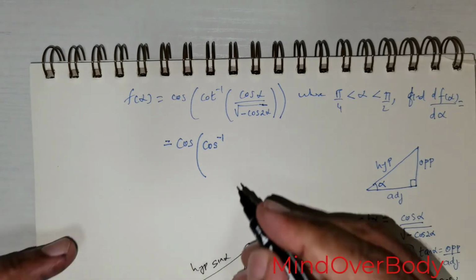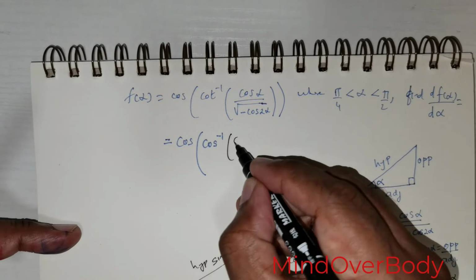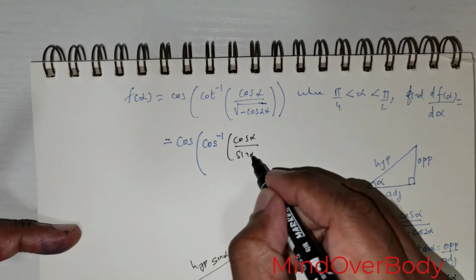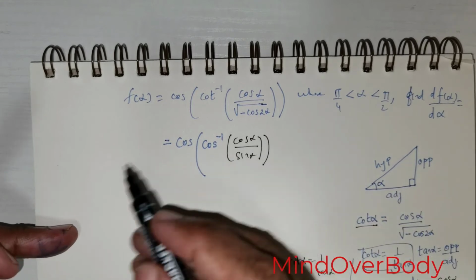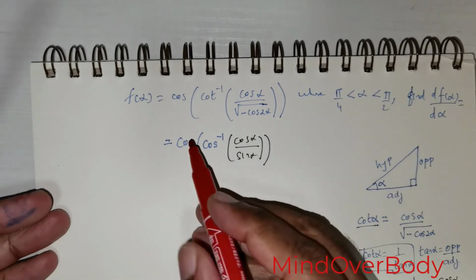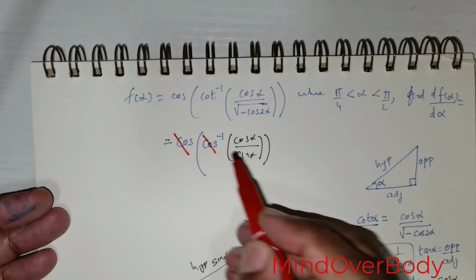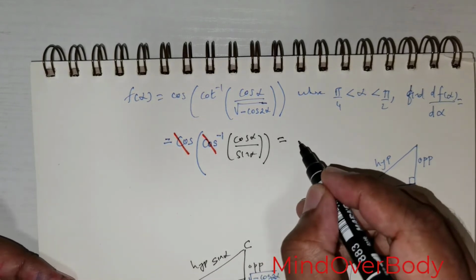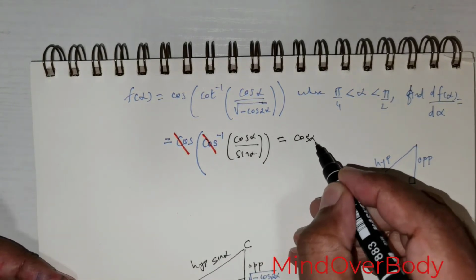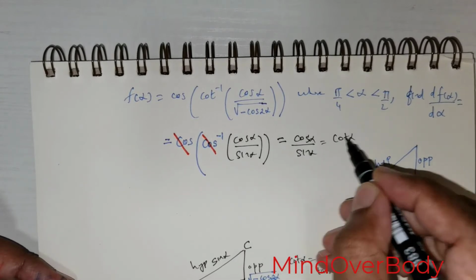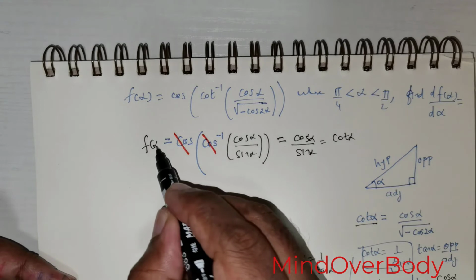That is nothing but cos alpha divided by sine alpha. Now clearly we can see that the cos and cos inverse get cancelled, and that leaves me with cos alpha divided by sine alpha, which is nothing but cot alpha. And this is nothing but f of alpha.